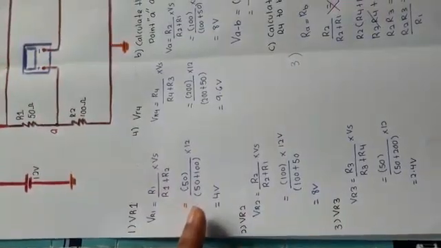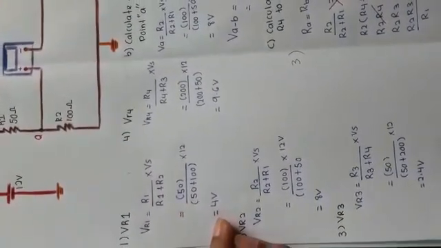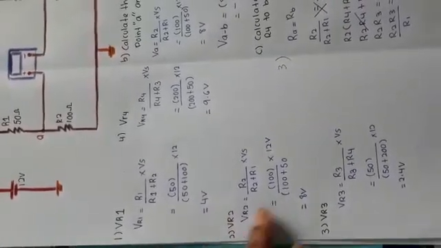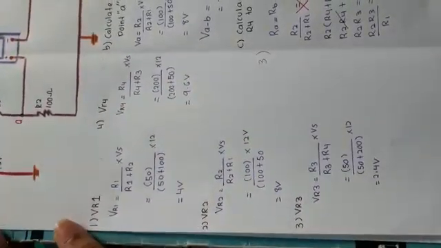After you insert the values, you can get 4 volts by using a calculator. That's the same formula I use for VR1 and VR2. For VR3, the formula is R3 divided by R3 plus R4 times the power supply. The formula is still the same. So the voltage for each resistor is found.